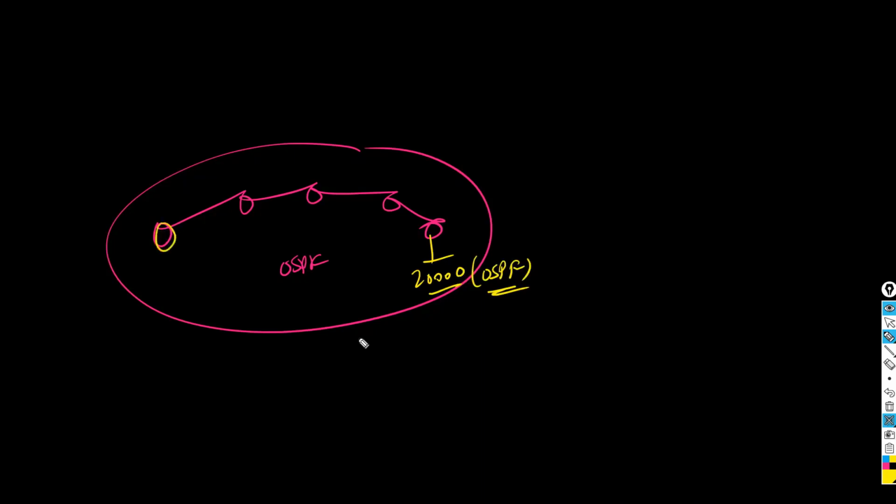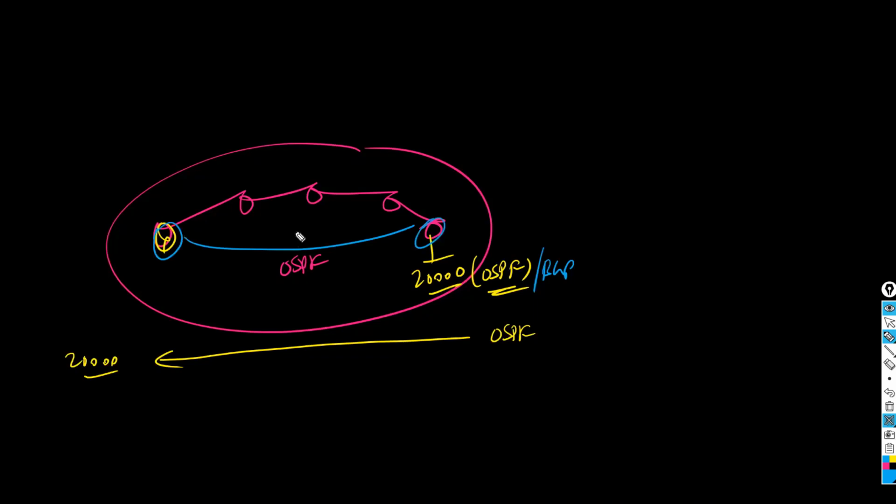This router is receiving this 20 dot network via OSPF. Also, let's say this route is also advertised in BGP, and there is an IBGP neighborship between them. So this route is also learned through BGP, and in my case, it is IBGP.